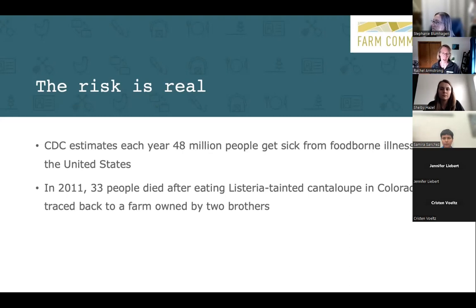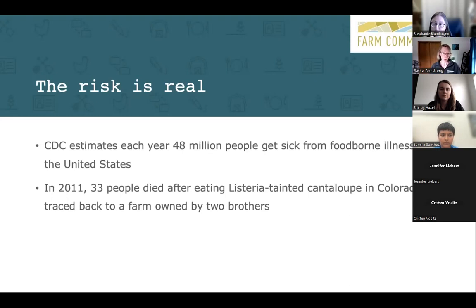There are some legal conditions when you could end up responsible simply because there is listeria on a cantaloupe that you sold. That does happen and did play a role in the two brothers' case in Colorado, but it is less common.